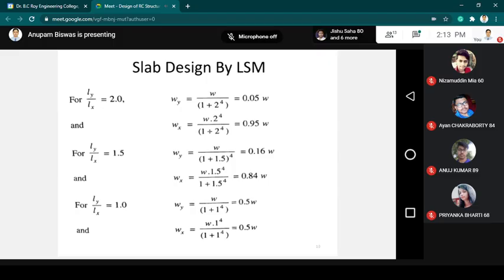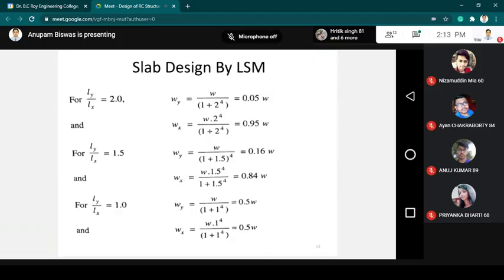So for the stability of any slab, for any structure as a whole, we have to make sure that the slab is as close to a square as possible. That is ideal, because the load will be distributed equally along the two directions.